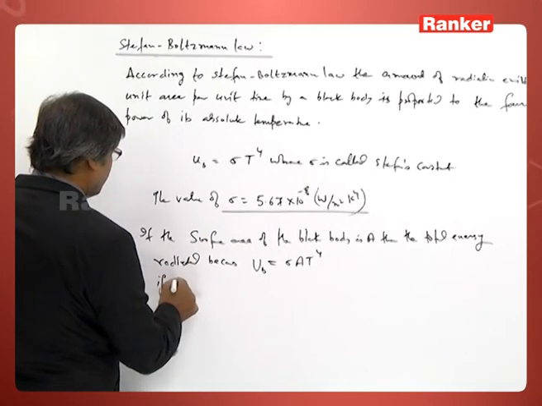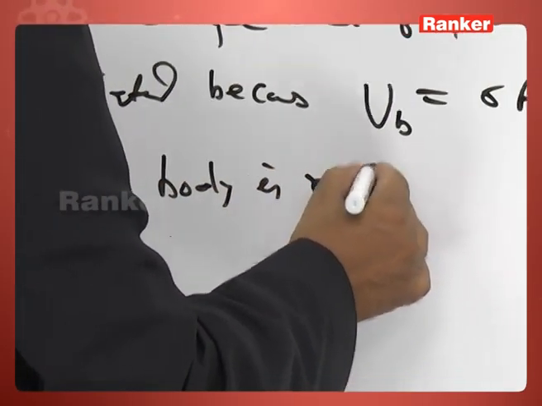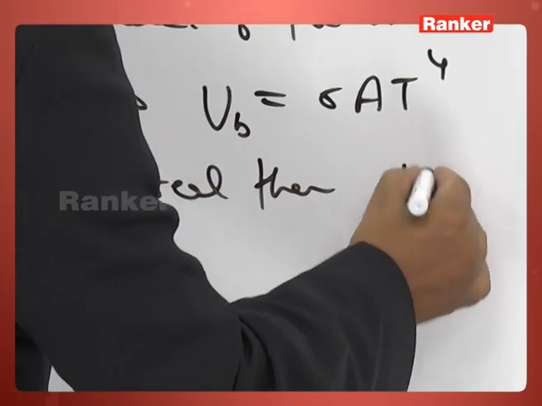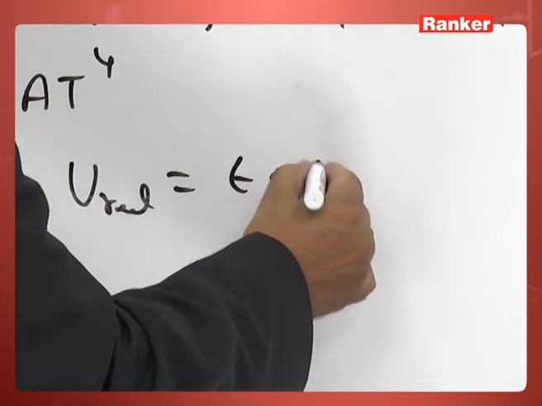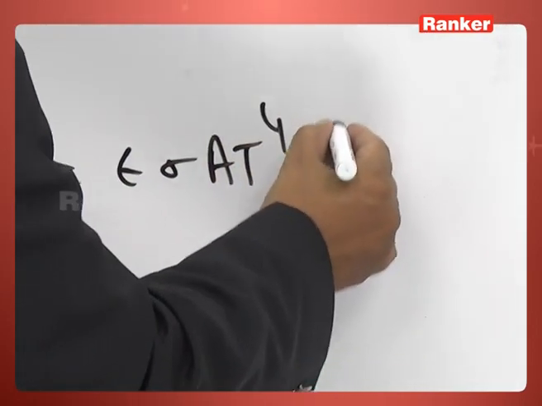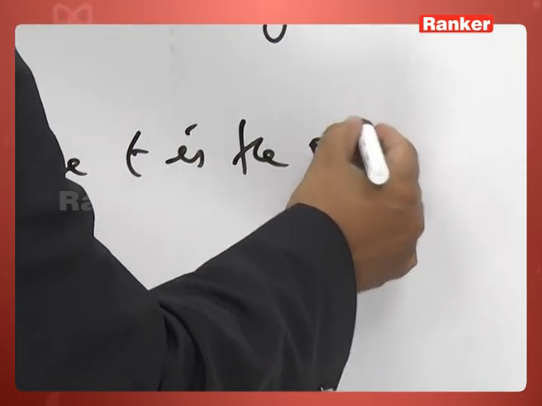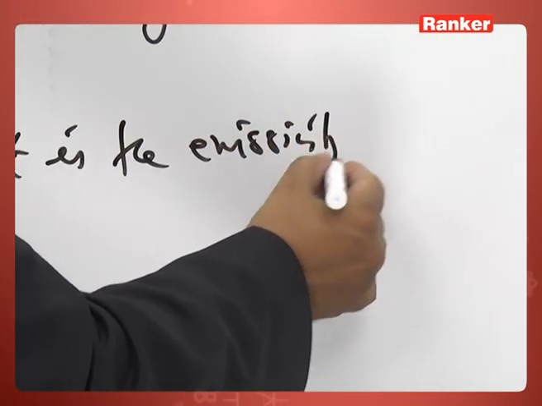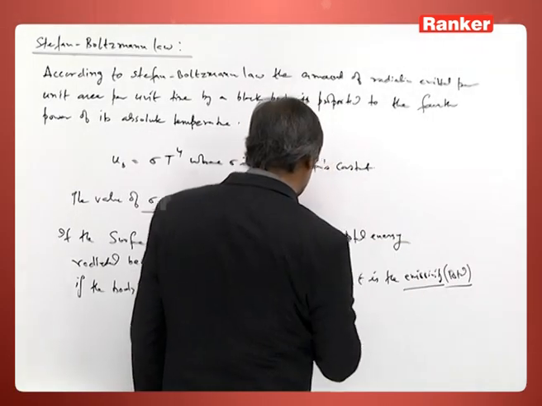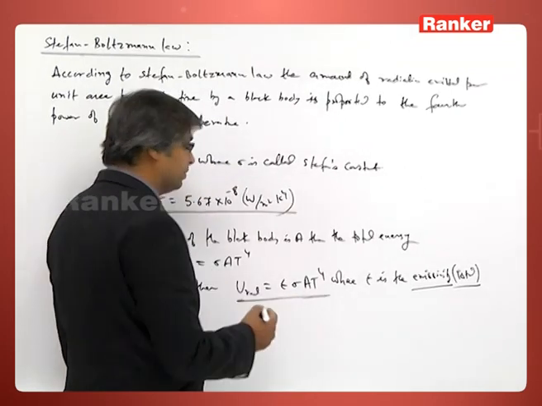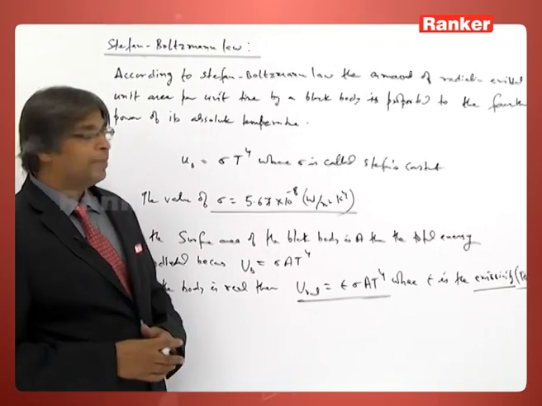If the body is real, then U real will be equal to epsilon sigma A T to the power 4, where epsilon is the emissivity, total emissivity, not monochromatic emissivity. So, this is what Stefan Boltzmann law is.